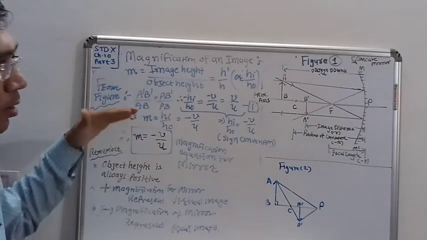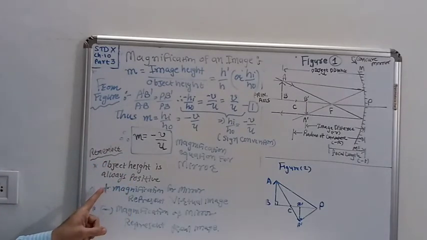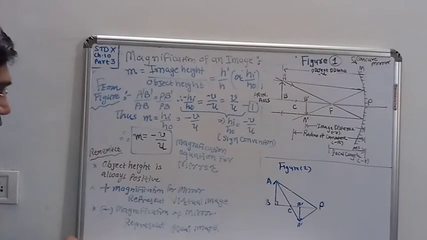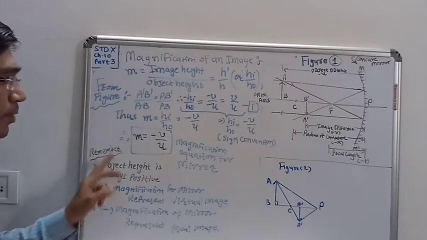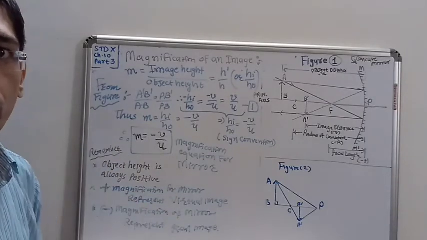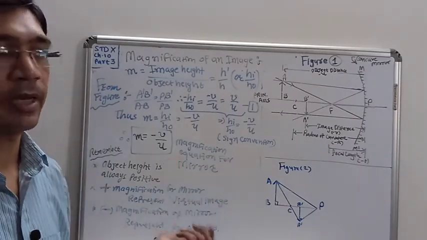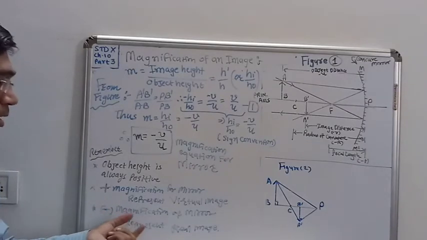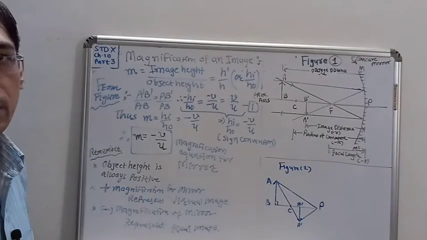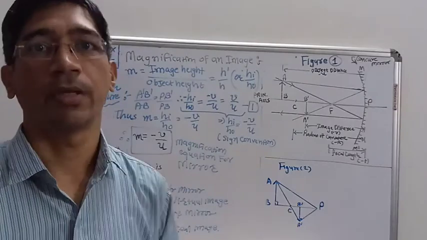Object height is above the principal axis, so it is taken as positive. If magnification is positive in the mirror case, then it represents a virtual image. Suppose M is equal to plus 2, then it represents a virtual image. If the magnification is negative, then it represents a real image. Suppose M is equal to minus 1, then it represents a real image.